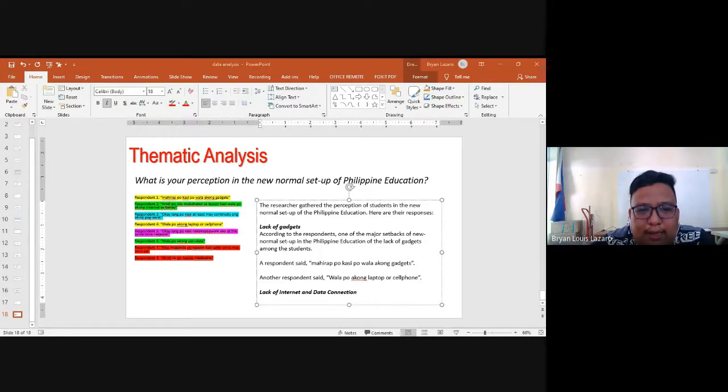Wait lang guys, wait lang ha. Bigay mo ako ng number ng house ko sa yung street. Kasi papakita ko sa Google Map.